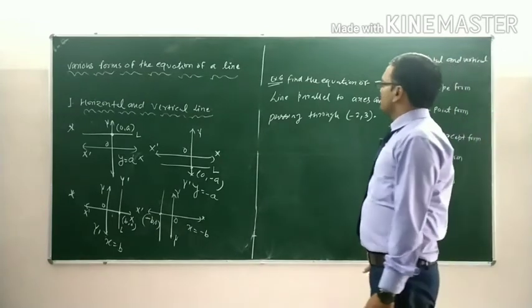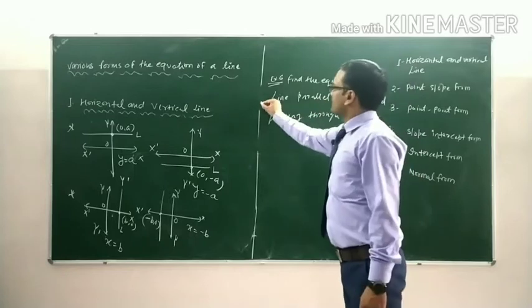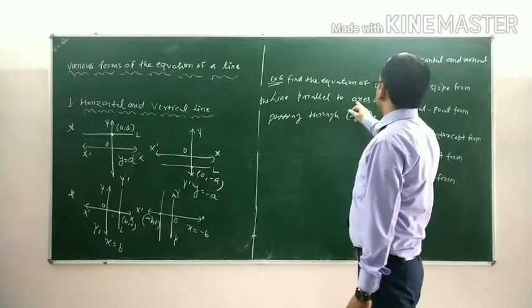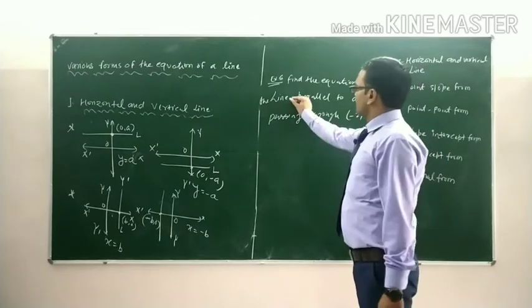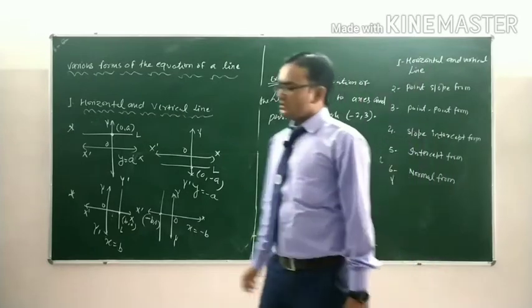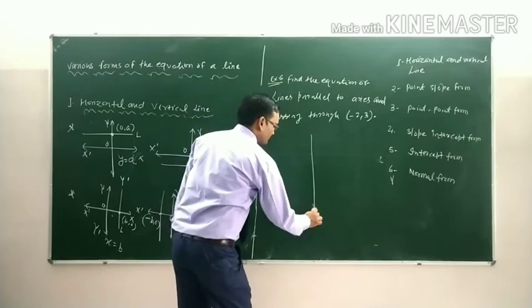in this question, find the equation of the lines parallel to the x axis and passing through the point minus 2, 3 in a Cartesian plane.